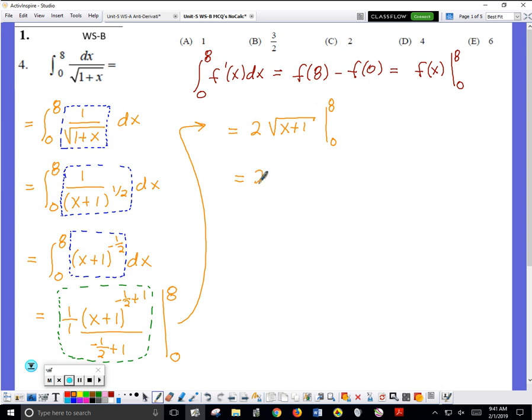So we go 2, and this is square root, so plug in an 8. Questions?